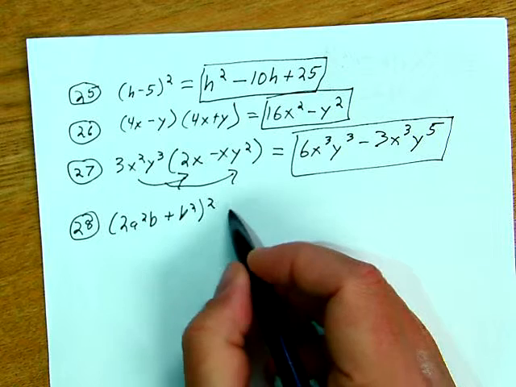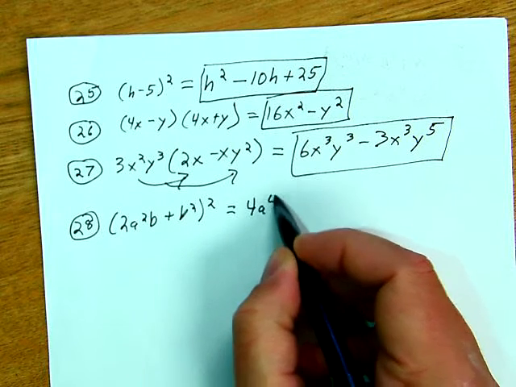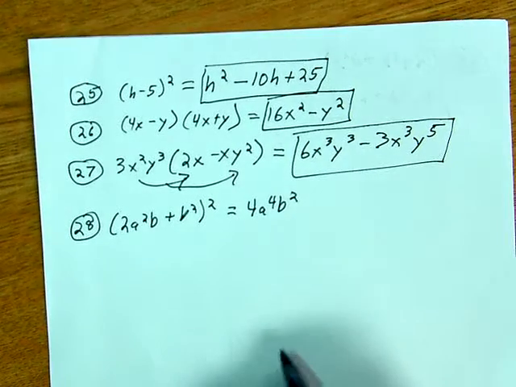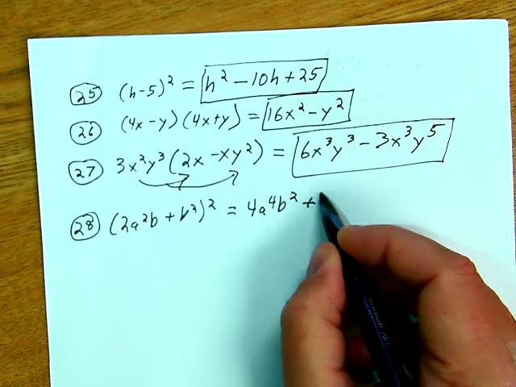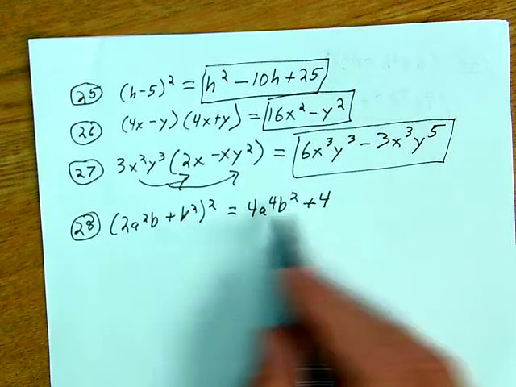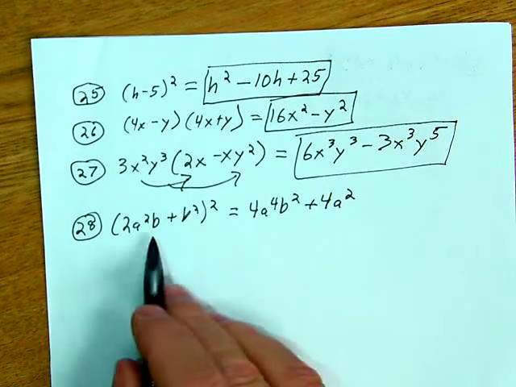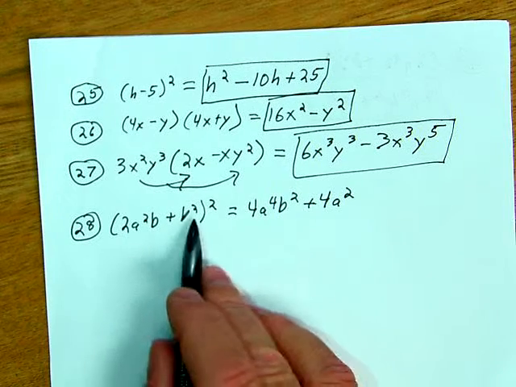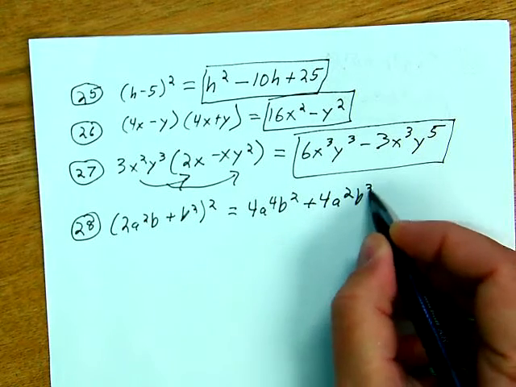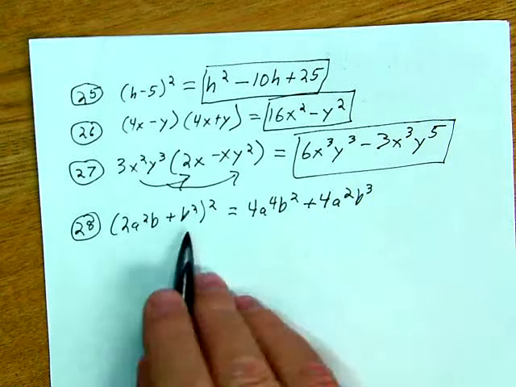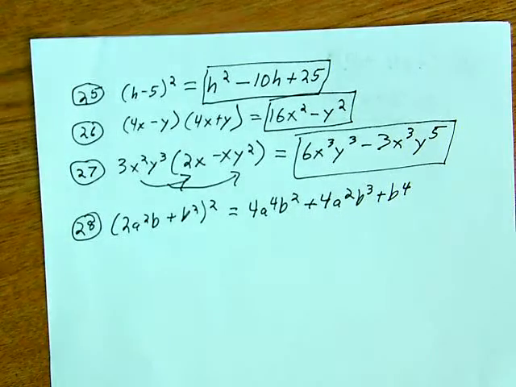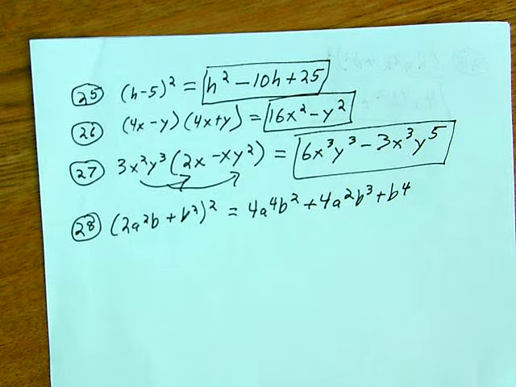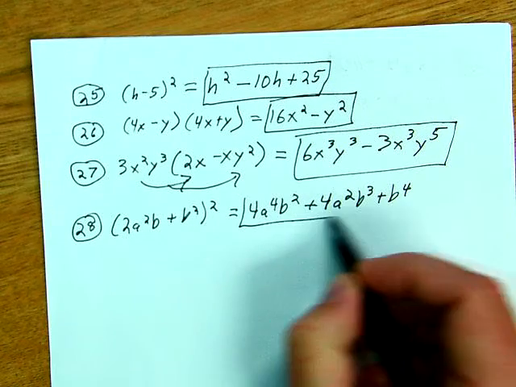So a squared in this situation is 4a to the fourth b squared. 2ab is 2 times 2 is 4, a's are a squared, b to the first and b to the second is b to the third. And then finally b squared again is b to the fourth. And checking the book with our answer, I did not make a mistake, so that is the correct answer.